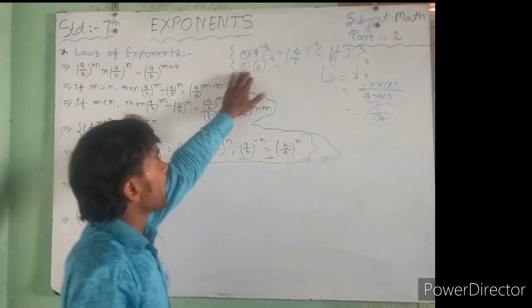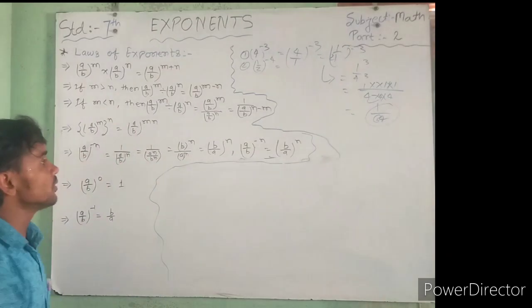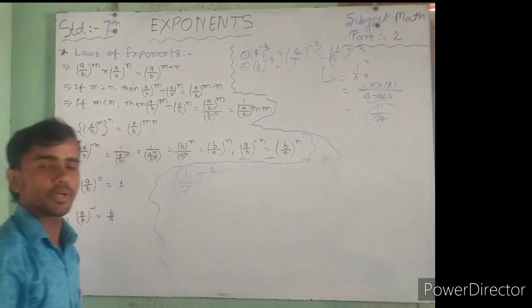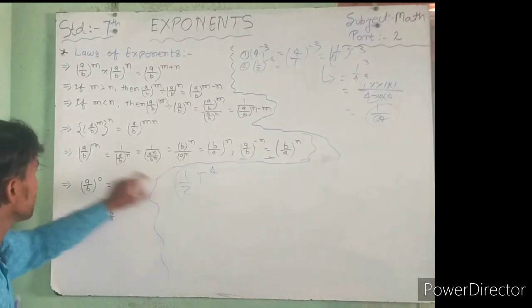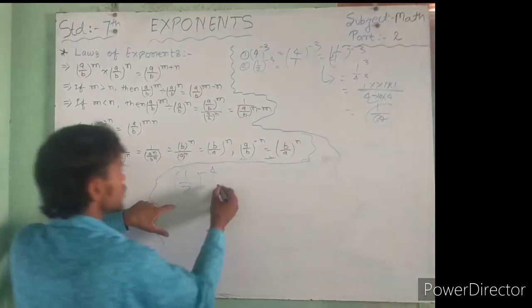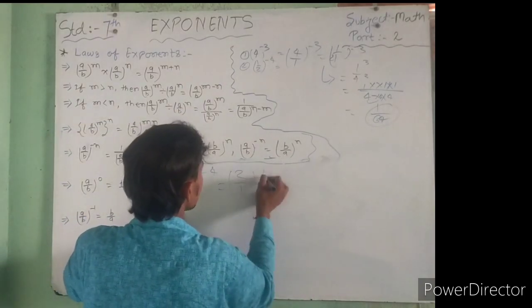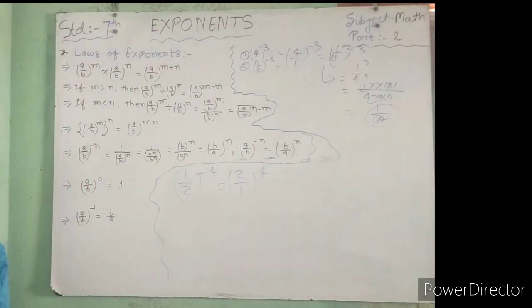Next, 1 by 2 power minus 4. It means a by b power minus n. So firstly you convert it to this form, 2 by 1 power 4.